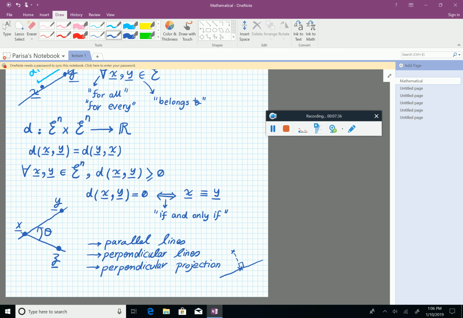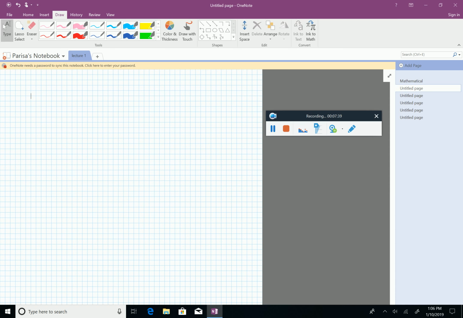Okay, so now from points, let's move to vectors. The concept of vector, as is evidenced by the name, which comes from the Latin root vehere, which means transportation, implies going from one location to the other, from one point to the other in the space.